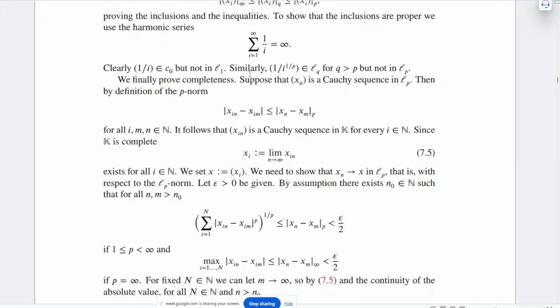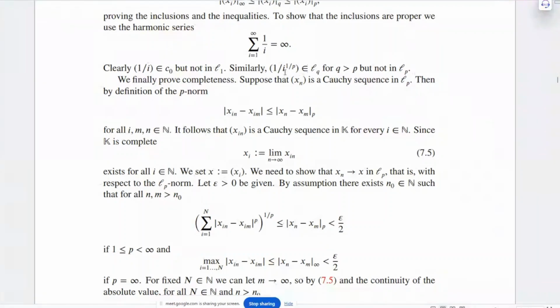Similarly, you want to push this fellow into the LP, all right? So how do you show that? Instead of i raised to 1, you take i raised to 1 by p. When you take 1 over i raised to 1 by p and raise this to p, you get 1 over i. That's what I was telling you.